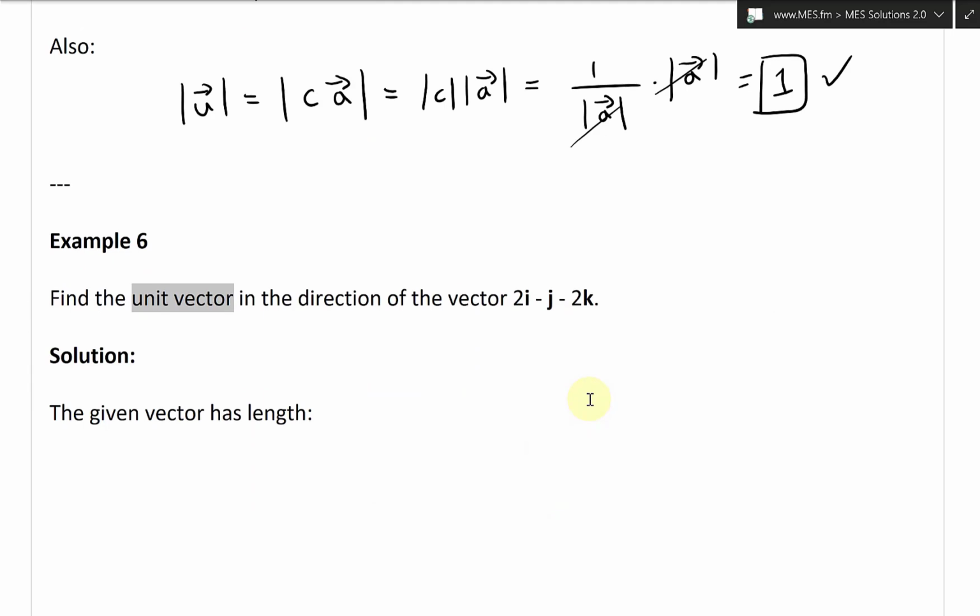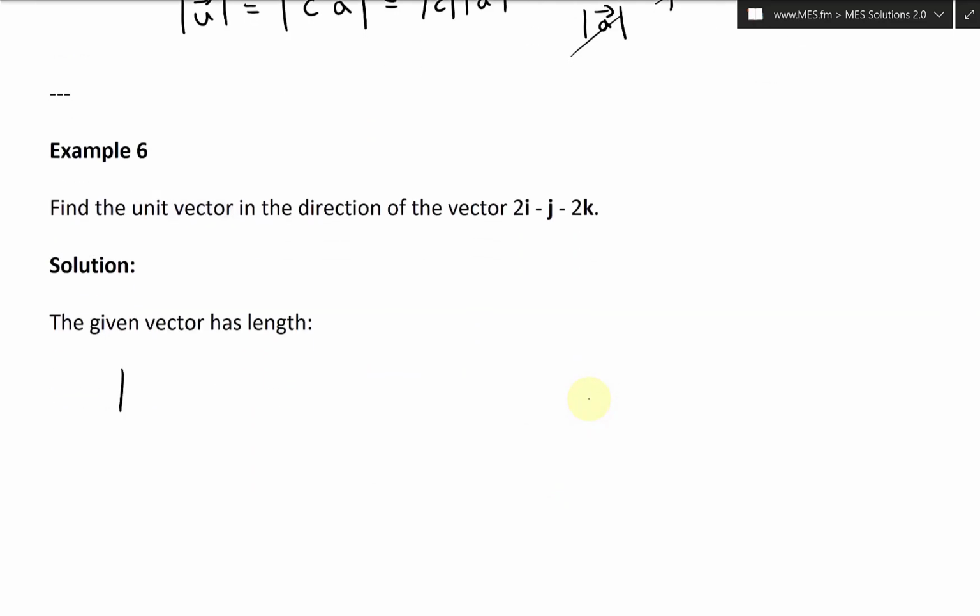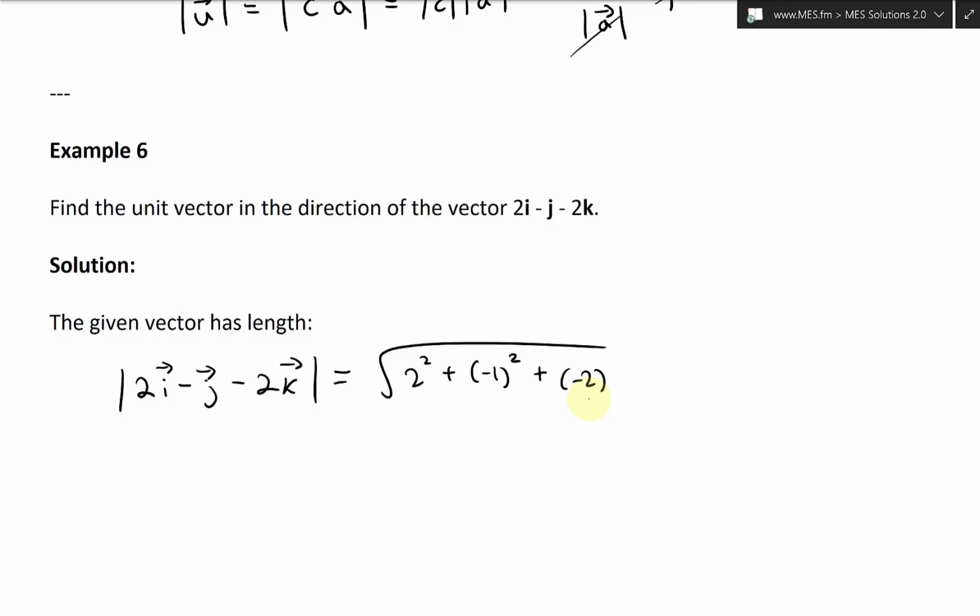So what we get is, the vector has the length, and you could write it in this notation, the absolute value sign, or just a vertical bar. So 2i vector minus j vector minus 2k vector. The length here is equal to, and in 3D, you just square the components: 2 squared plus -1 squared plus -2 squared.